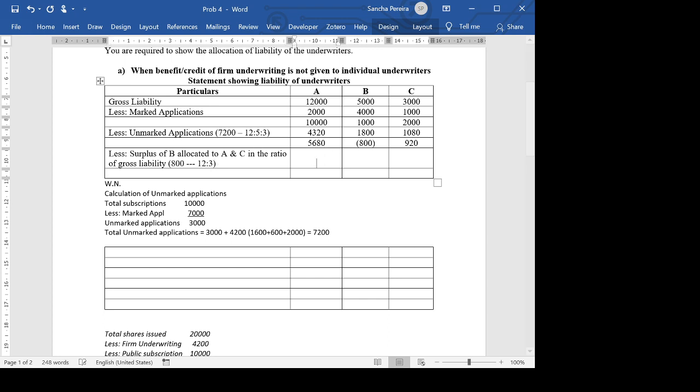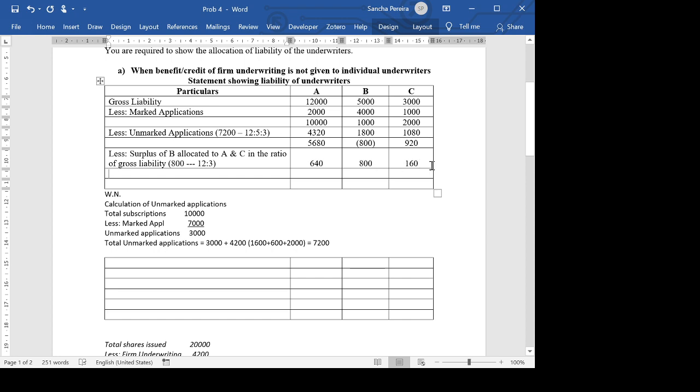So here you will get 640. This will become plus 800 since we are giving it to somebody, dividing it with the other two. And here it becomes, this is 160. Whatever it is, 640 plus 160 has to come to 800. Okay.